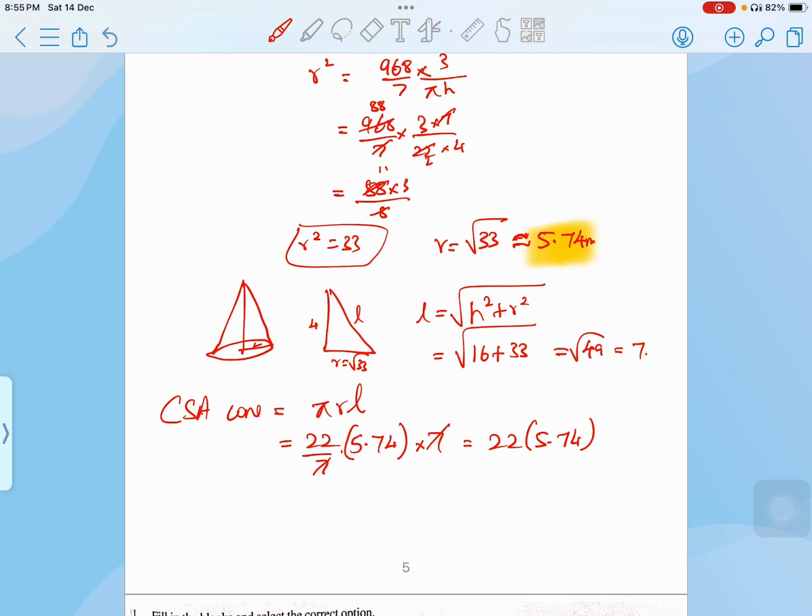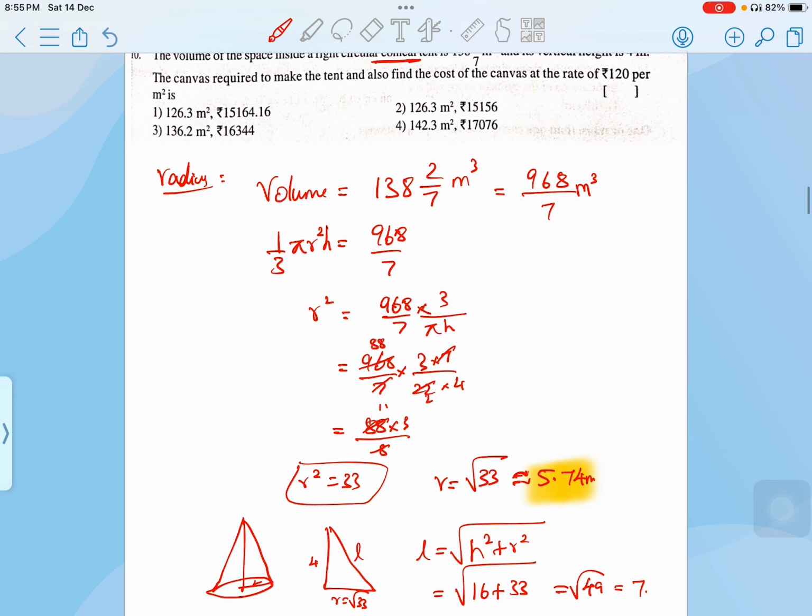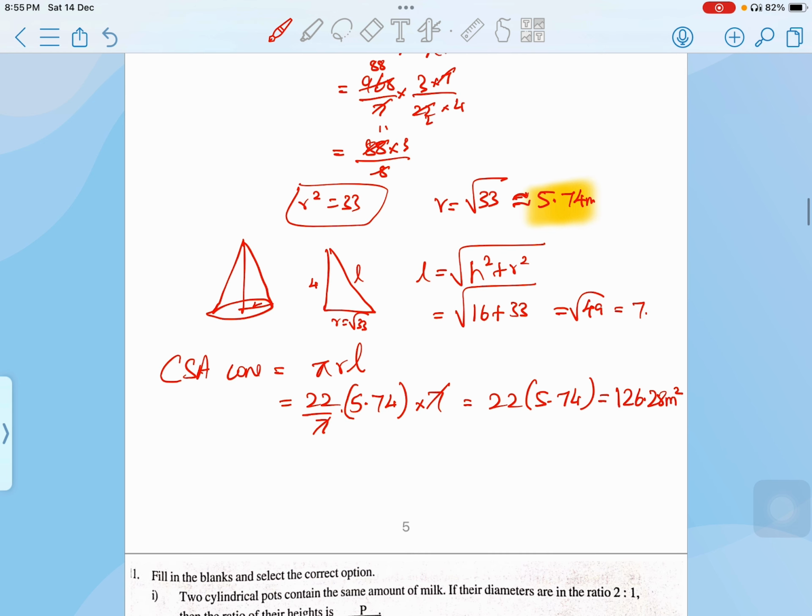When you multiply, you will get a value of 126.28 meter square. So this is approximated as 126.3 in your options. The first and the second both have the same option. So we'll round off and take 126.3 meter square itself.